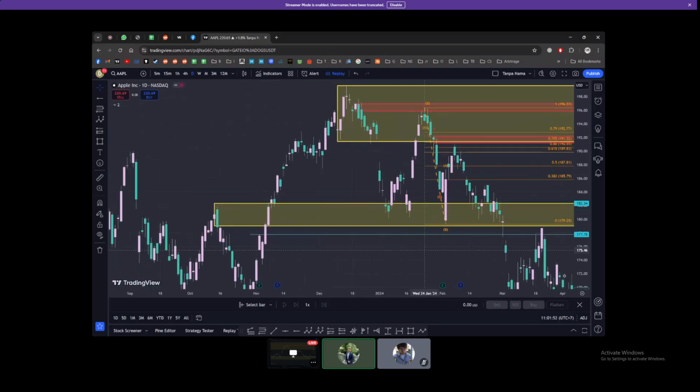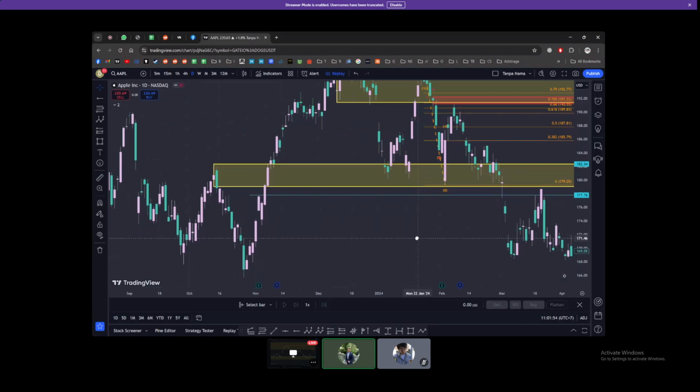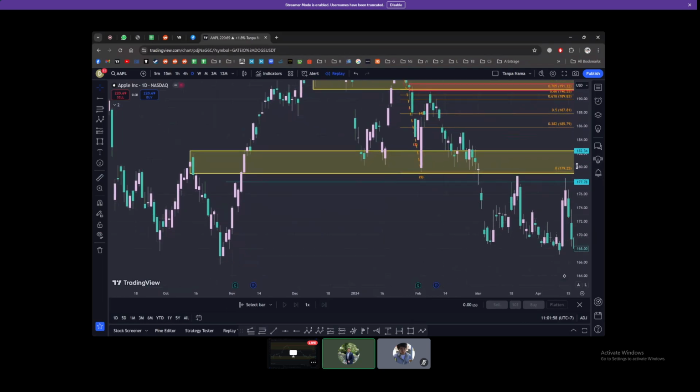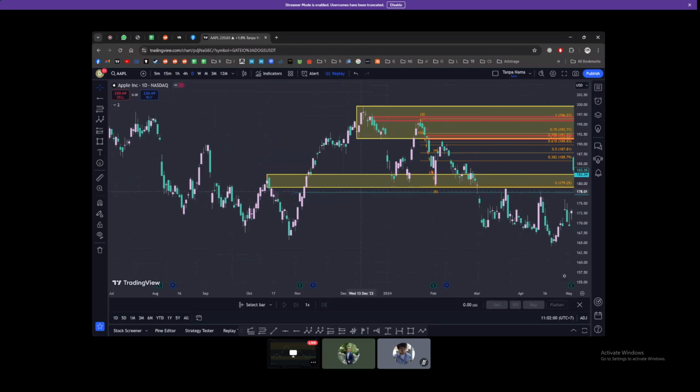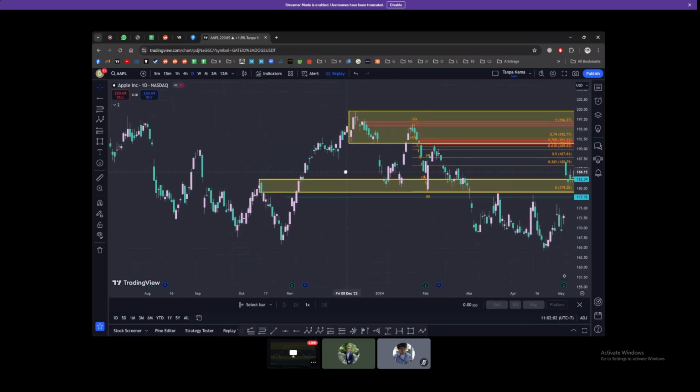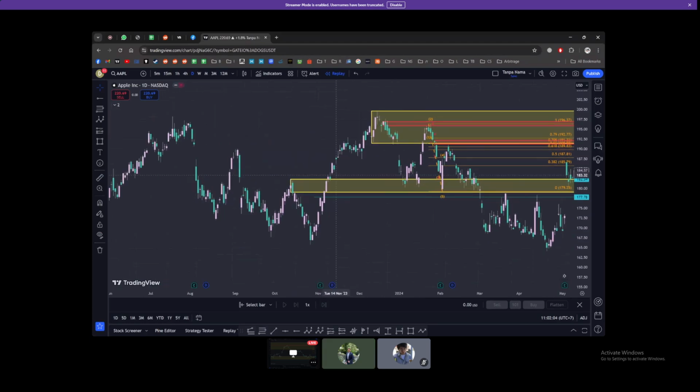So we're basically coming all the way down to the next weekly support, which we had drawn out from 2022. Yeah, that's a support zone.